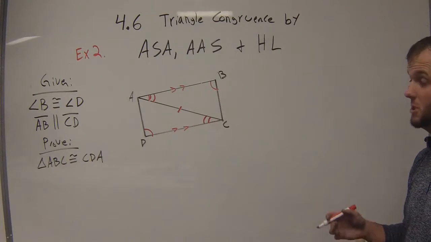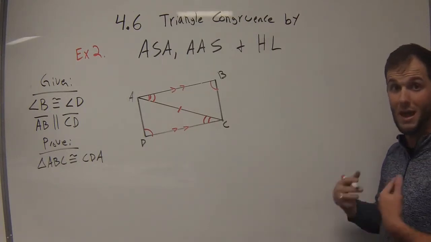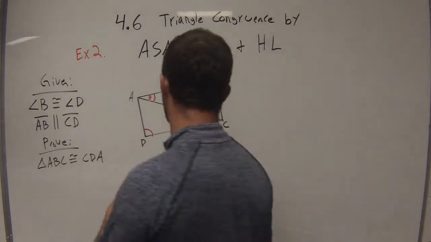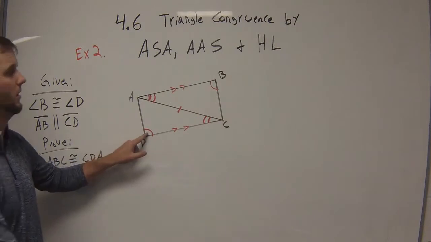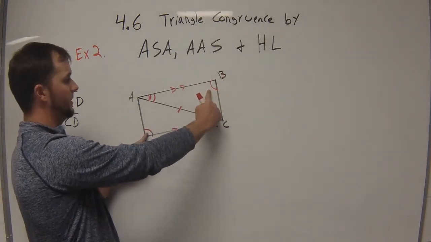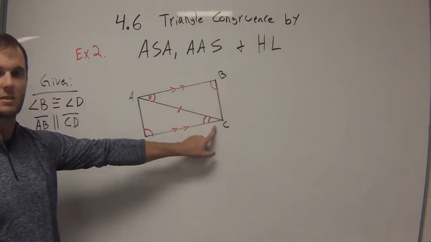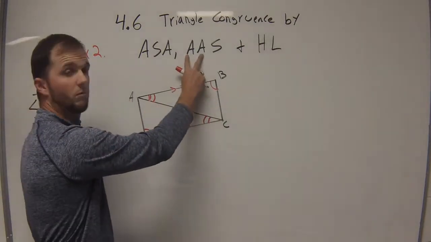So now, ladies and gentlemen, do we have enough information to prove that these two triangles are congruent? I'm going to go ahead and say yes. Let's go and look. Angle D has one arc. Angle B has one arc, saying they're congruent. Okay? So then if we go across, angle C is congruent to angle A. So look, that's two angles that are congruent.